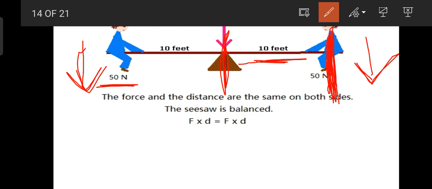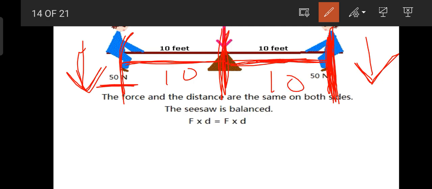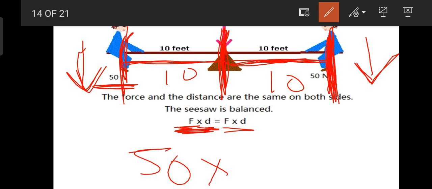The distance between the pivoted point and the line of force is 10, and here also it is 10. So what was the formula? Force magnitude into the distance between the pivoted point, the axis of rotation, and the line of action of force. So it will be 50 into 10, and here also 50 into 10.